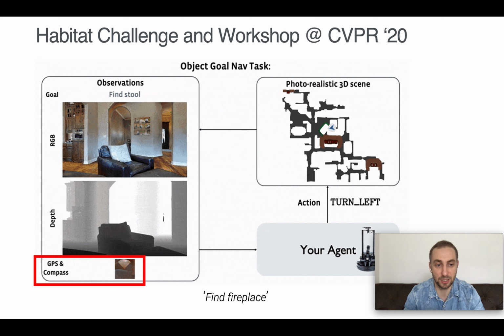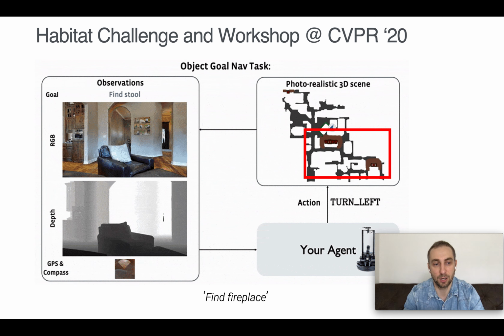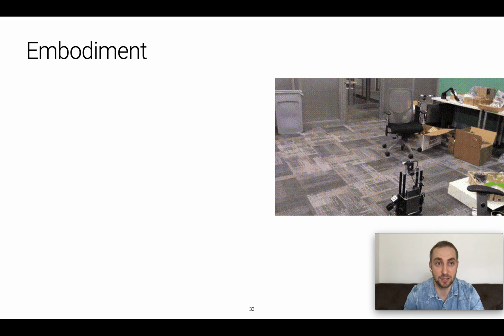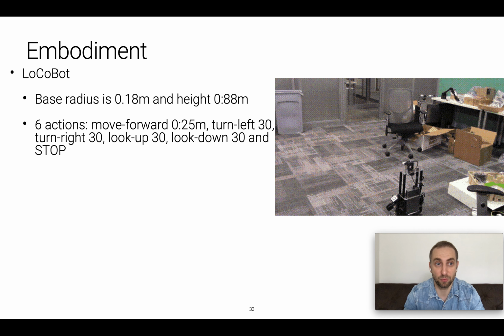The agent has access to GPS and compass relative to the start of the coordinates, which mimics agent odometry, and there can be several objects of the same type, and navigating to any of them counts as a success. We use Matterport 3D as it has semantic labels.